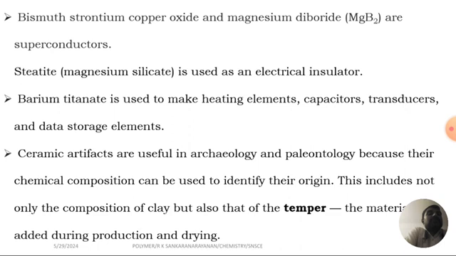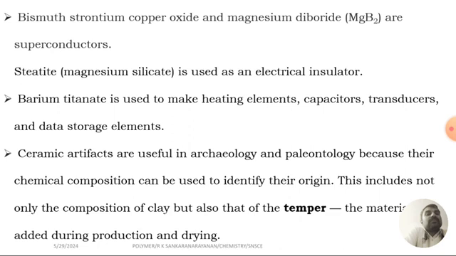Steatite and magnesium silicates are used for electrical applications as insulating materials. And barium titanate is used to make heating elements, capacitors, transistors, and data storage elements.